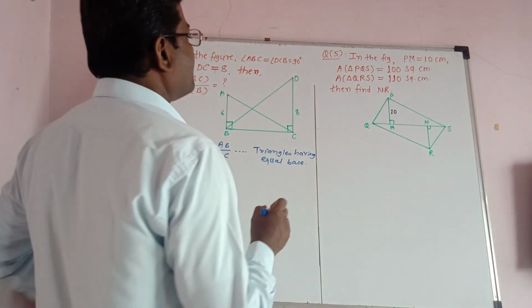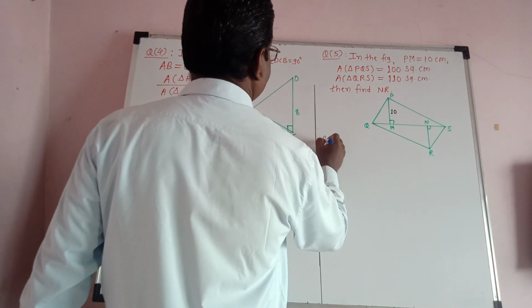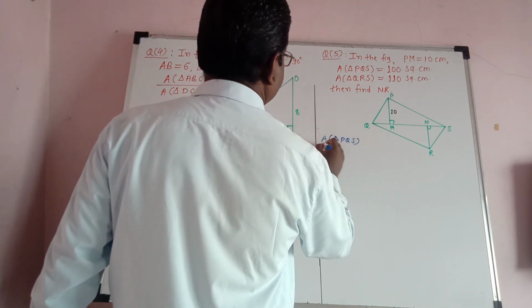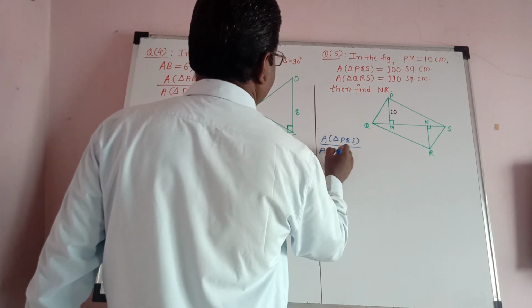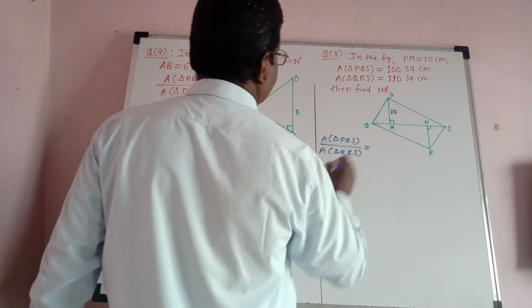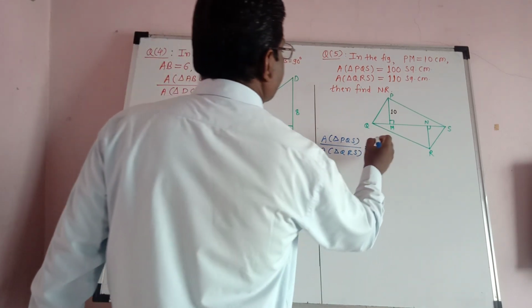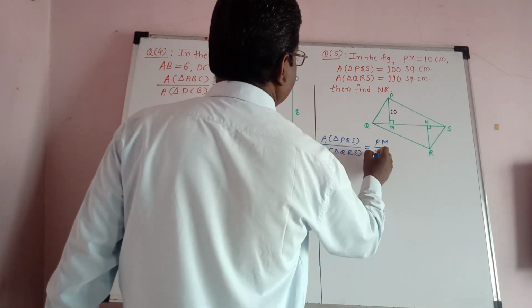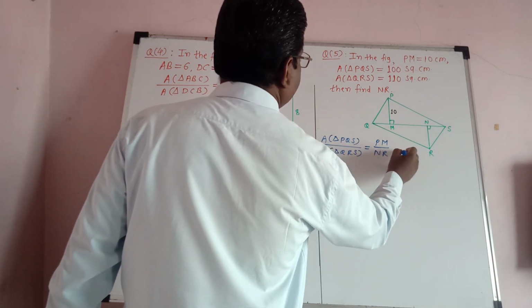Therefore, ratio of their areas is equal to ratio of corresponding heights. So we write here area of triangle PQS upon area of triangle QRS is equal to PM upon NR.